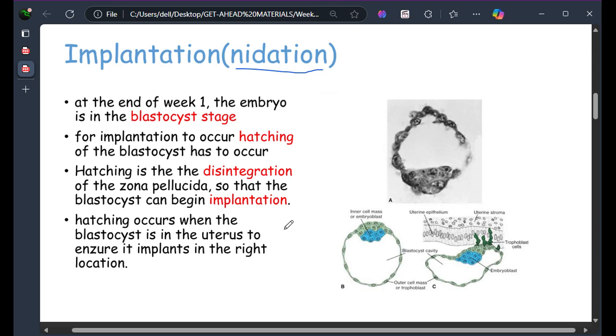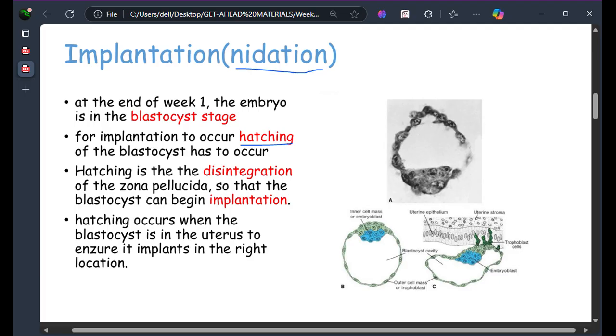Yes, so this is where we left it off in week 1. Before implantation starts, one thing you need to know is that there has to be a process known as hatching. Hatching, similarly to what happens to chickens, the embryo has to hatch. But what is this hatching in terms of human embryology?